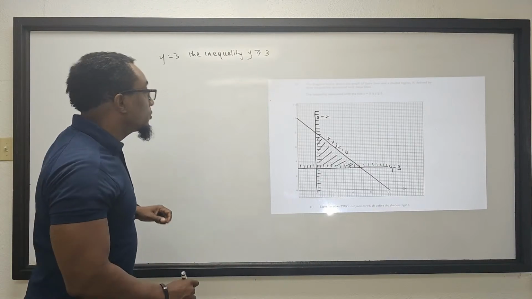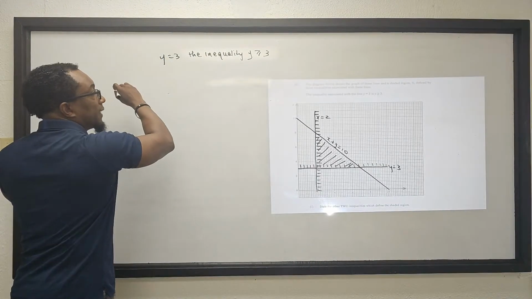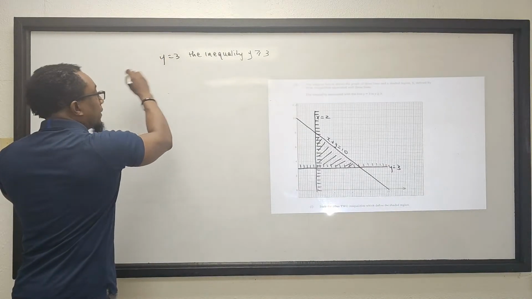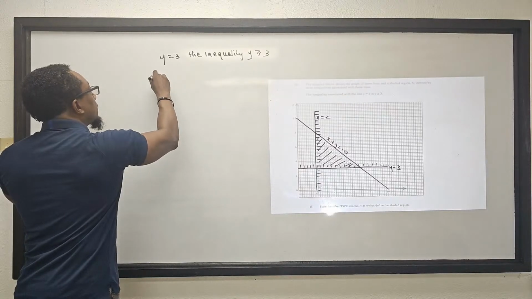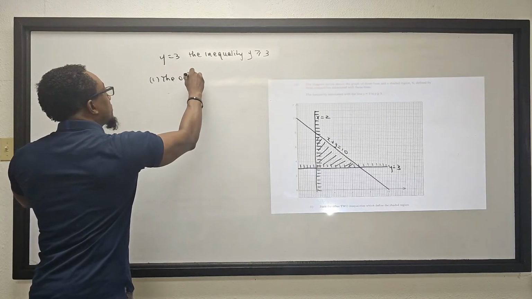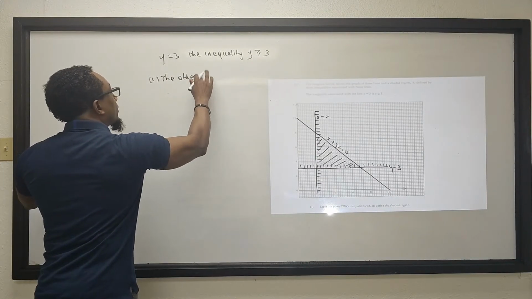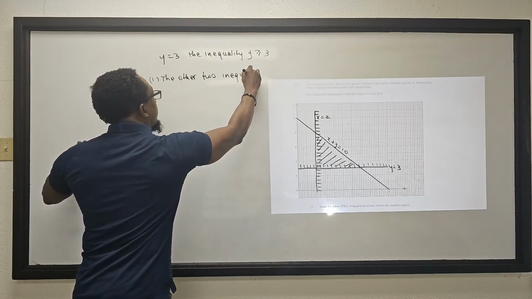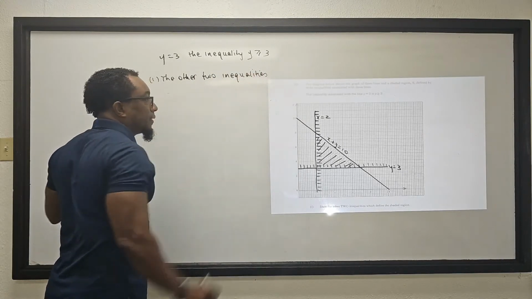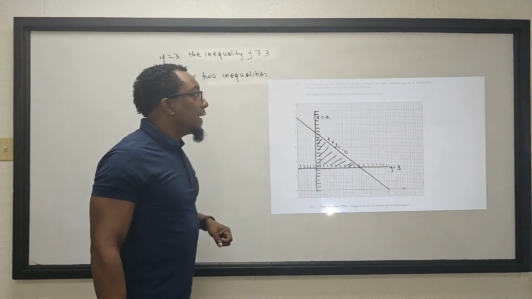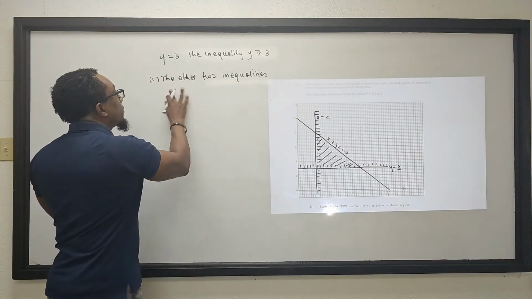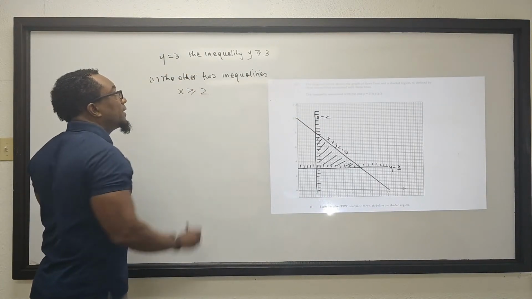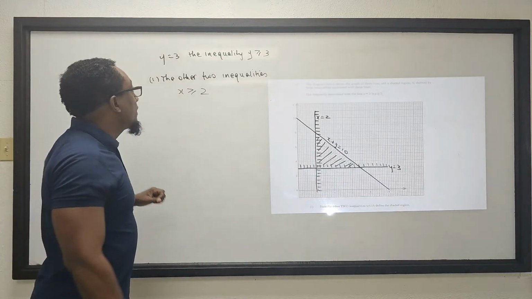So the other 2 inequalities we can get: for x equal to 2, it's going to be x is greater than or equal to 2. That's one of the inequalities.